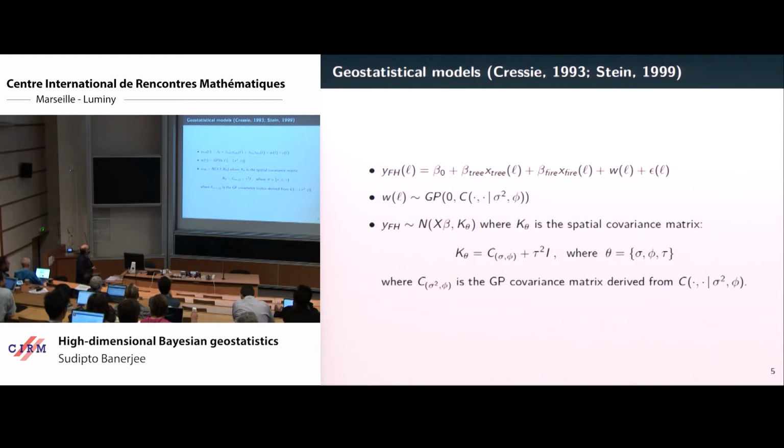If you want to know more about the history of geostatistics and how the spatial process and the covariance function come into play, here's Noel's excellent book, and then a follow-up book by Michael Stein as well, where you can find a lot of details. But this is what excites spatial statisticians the most, this process.